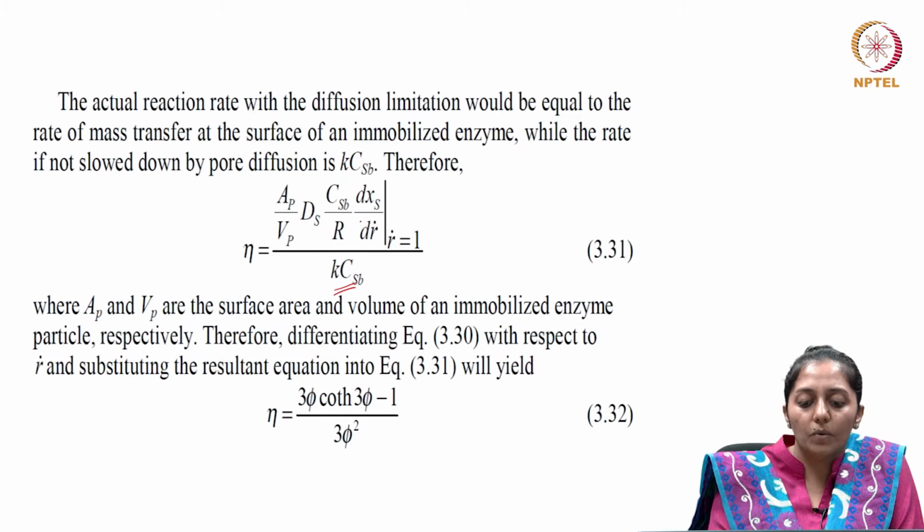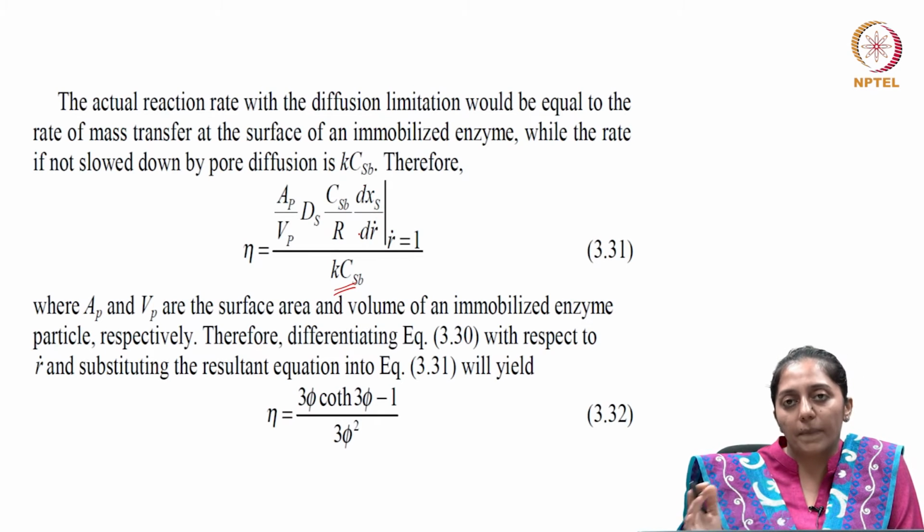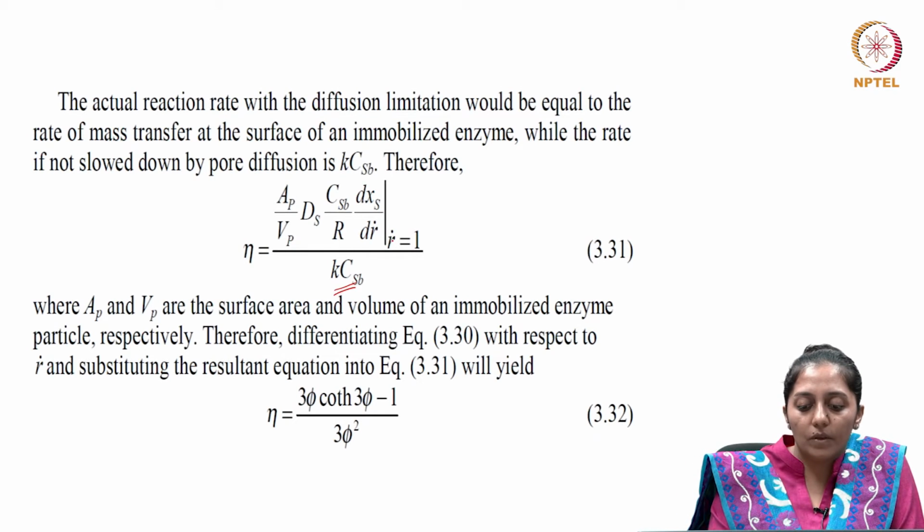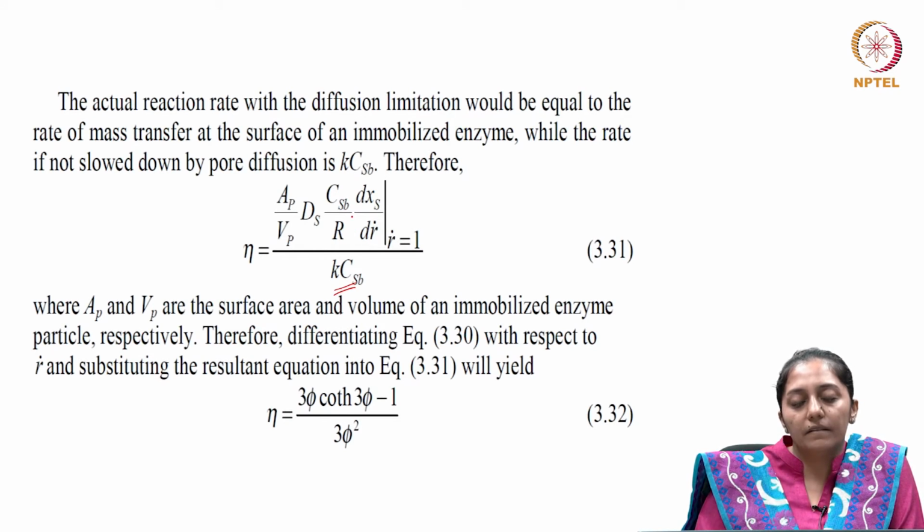So, we will be using Fick's law of diffusion. For the entire pellet we will be calculating, therefore, the r dot value will be equal to 1, and we will multiply and divide dCs by dr with Cs_b and R, and then take them inside the differential, being a constant, converting it into xs and r dot form.